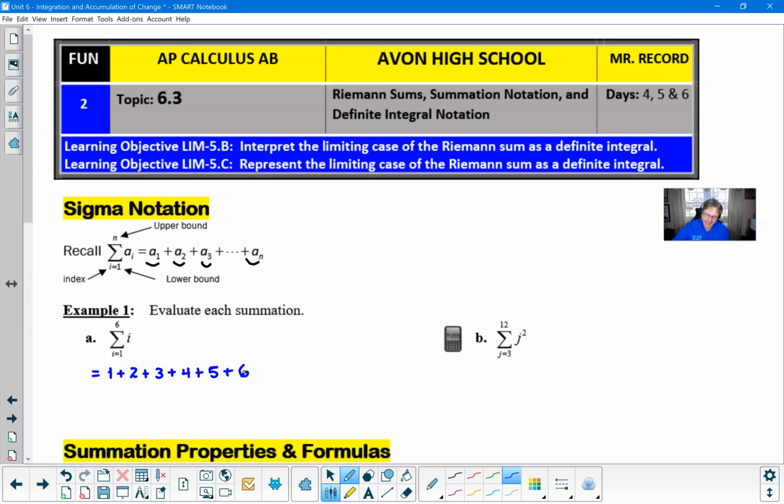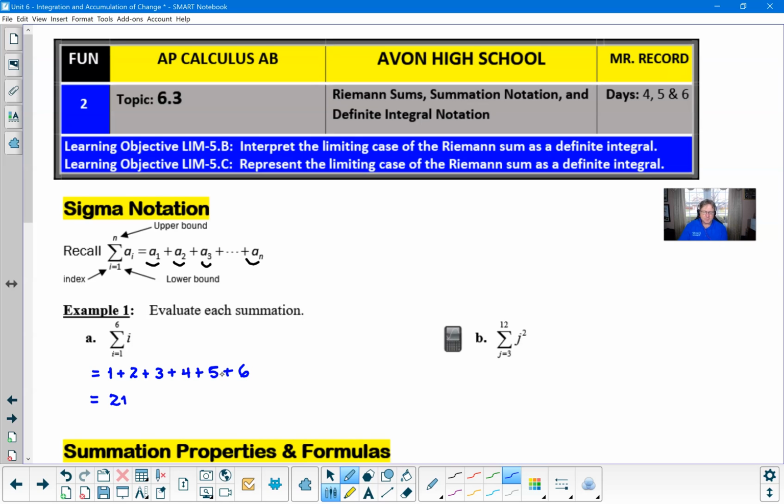And by the time you add all of these numbers together, I'm going to assume that you guys could probably handle that. The answer is 21. Now, obviously, the larger this upper bound becomes, the more tedious it would get to write all these out. So we may talk about a simplified approach to this here in just a moment.